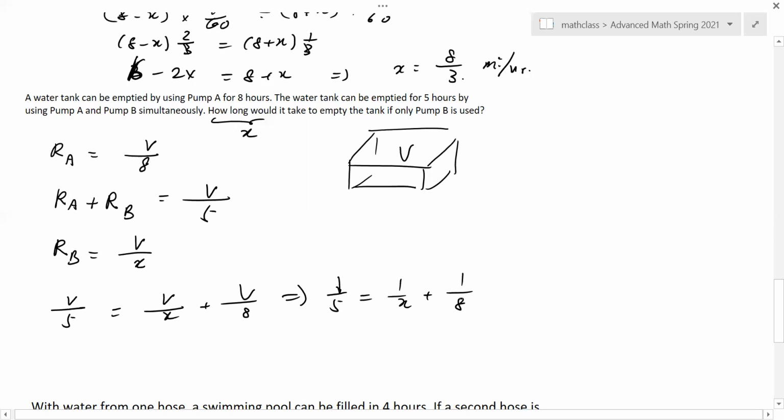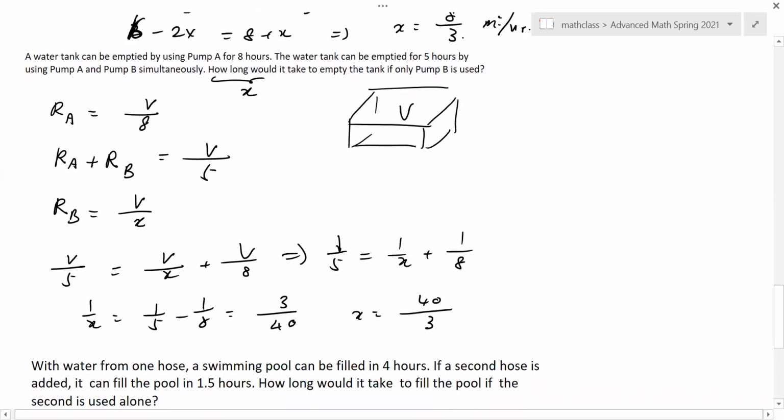All right, then from here, you know how to solve it for X, right? 1 over X is going to be 1 over 5 minus 1 over 8. So X should be equal to 40 over 3. So this is the answer.